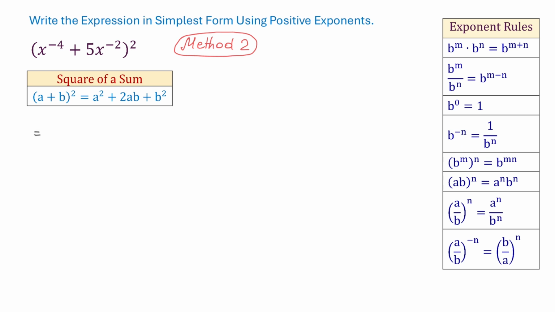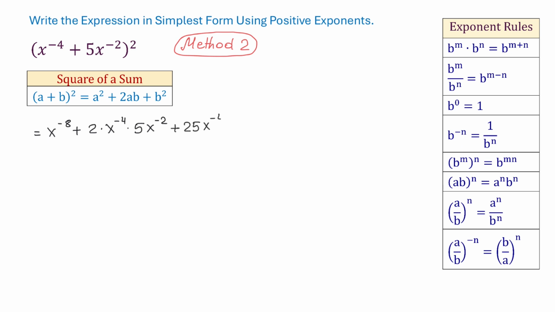So we will have x to the negative 8th power plus, now we need 2 times a times b, and that is 2 times x to the negative 4 times 5x to the negative 2. So I will write 2 times x to the negative 4 times 5x to the negative 2nd power plus b squared, which is (5x to the negative 2nd power) all squared, and that will be plus 25x to the negative 4th power.